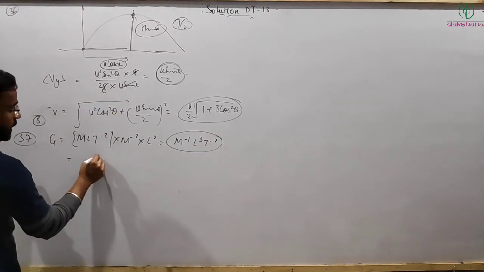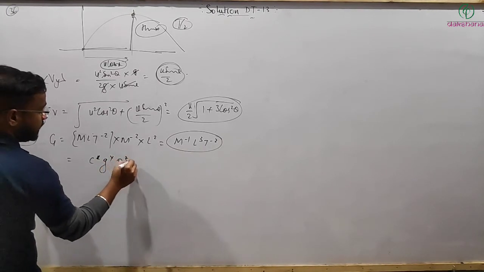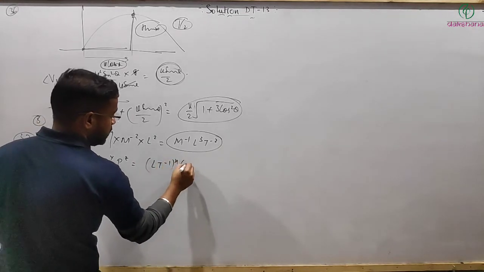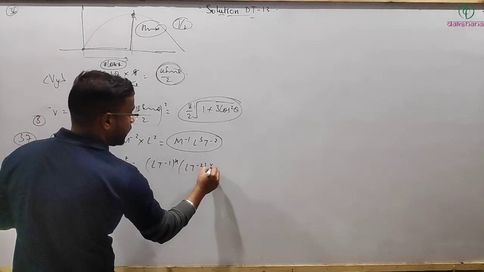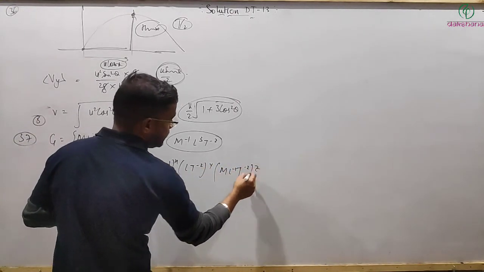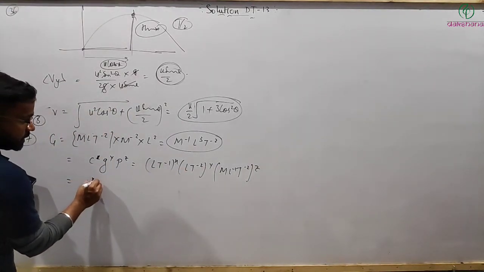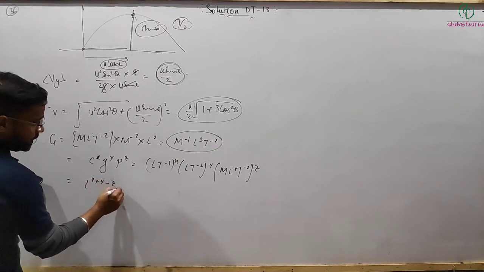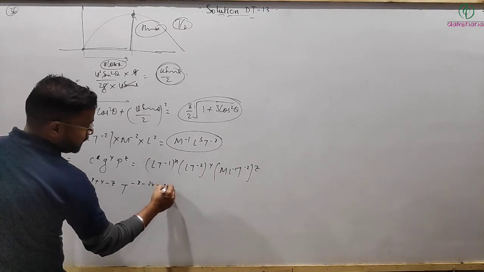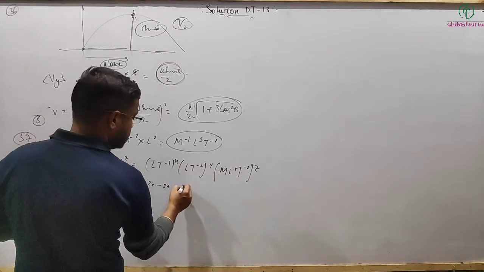Let's say c power x and g power y and p power z, that is l t minus 1 to the x, and this is l t minus 2 to the y, and pressure m l inverse t minus 2 to the power z. Now taking here l coefficient x plus y minus z, t coefficient minus x minus 2y minus 2z, and m coefficient, this will be equal to z.